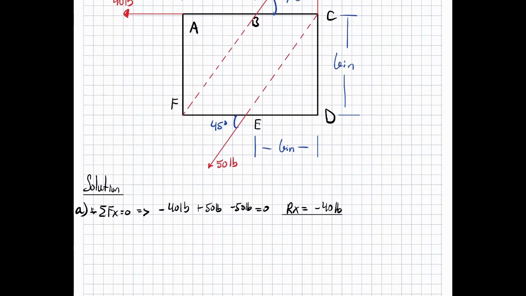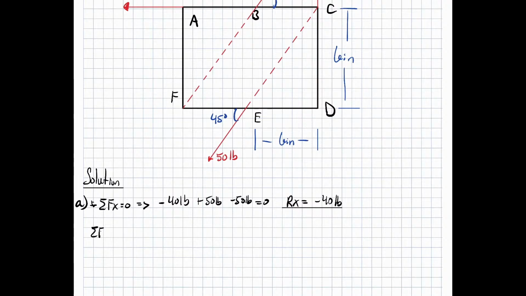Sum of forces in the y direction equal to 0. Positive going up. We have 20 pounds plus 50 pounds sine of 45 minus 50 pounds sine of 45 equal to 0.